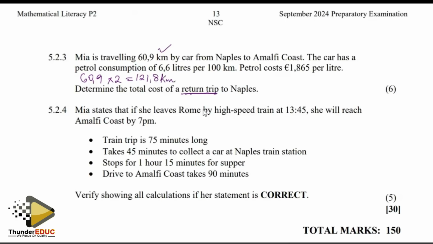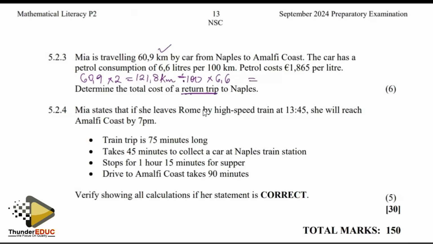We need to find out how many liters shall we use. So we shall divide this by 100 and we multiply by 6.6. Why are we dividing by 100? We want to find out how many hundreds come out of this. So it's only 100 and it took 1.218 times 6.6.